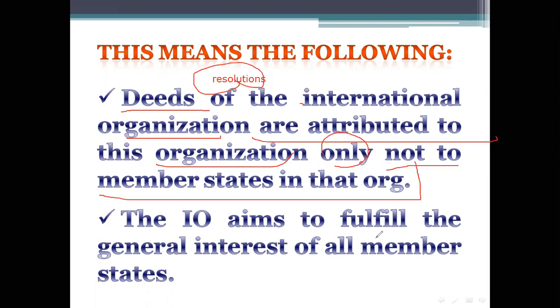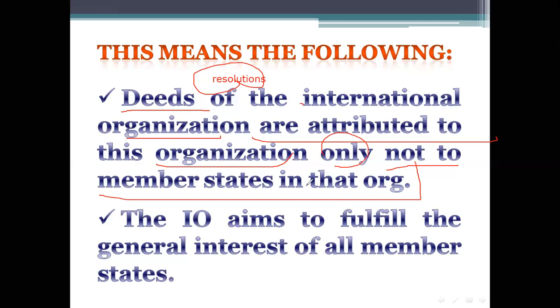This is wrong actually. Why? Because any deed, any resolution issued by the international organization will be attributed only to the international organization. Okay? So this is what we mean by the international organization has its independent will.